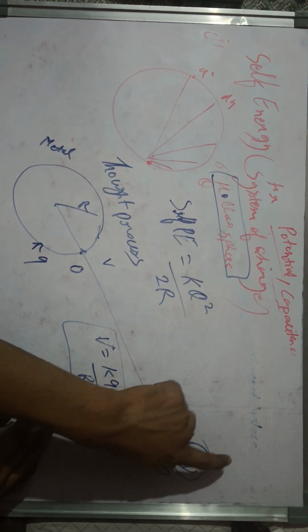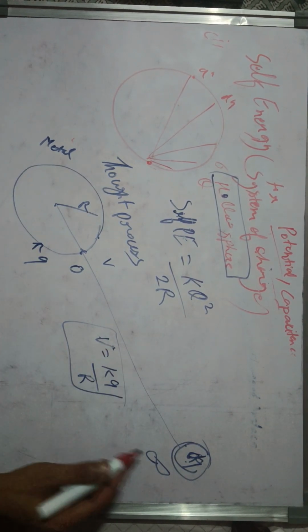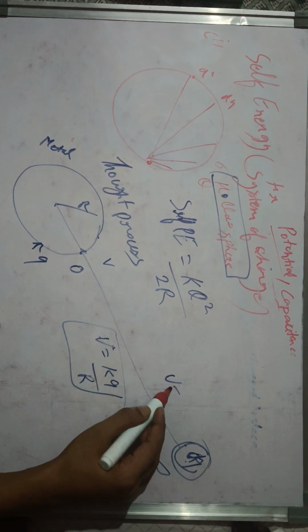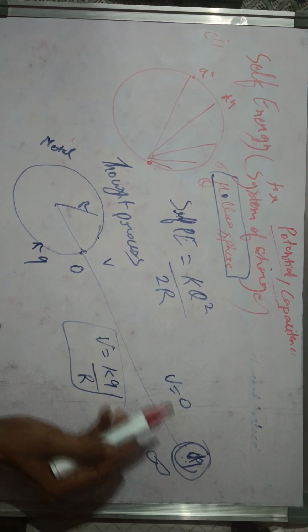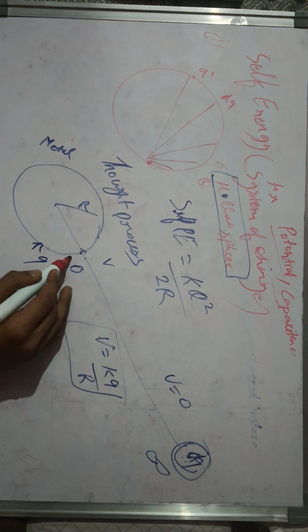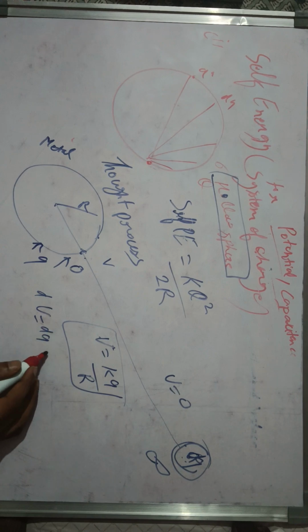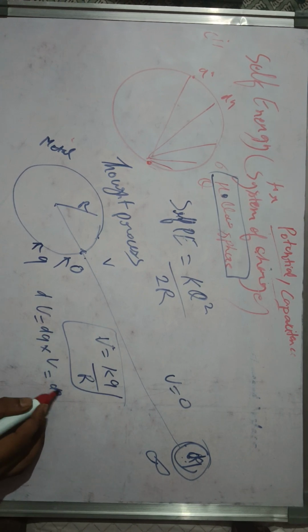And if the dq charge is at infinite position, its potential energy is zero, and I am taking it from this position to this position. At this position, the potential energy for this dq charge will be dq times V, which is equal to dq times kq by r.